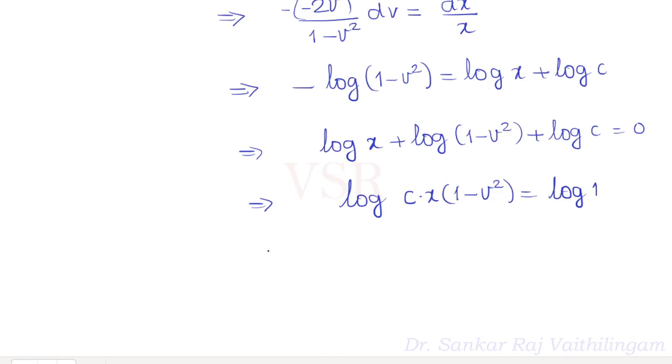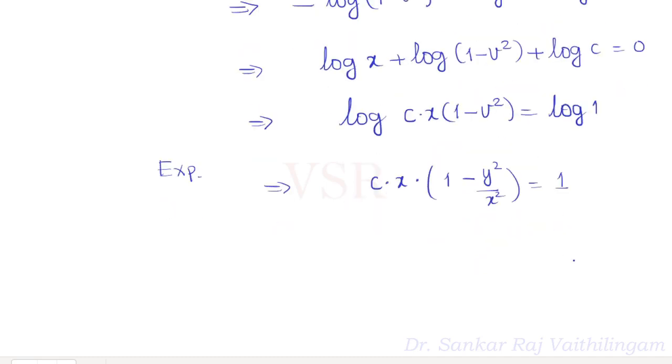So by taking exponential on both sides, e to the power 0 gives 1. This implies c times x times 1 minus y square by x square is equal to 1.